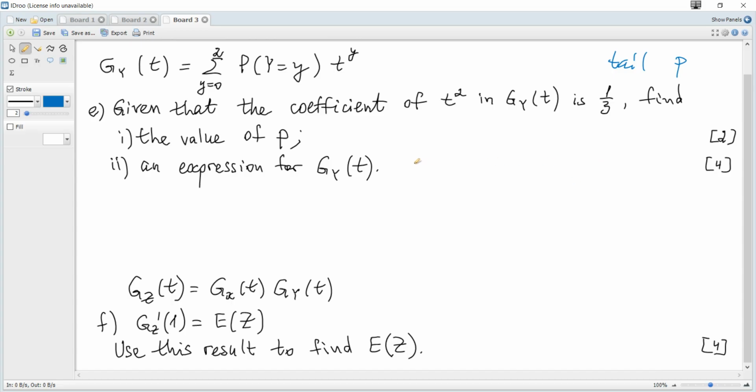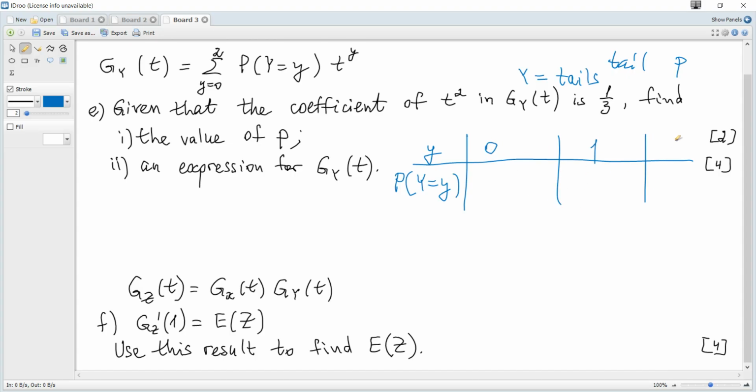The random variable y denotes the total number of tails obtained from tossing both coins.